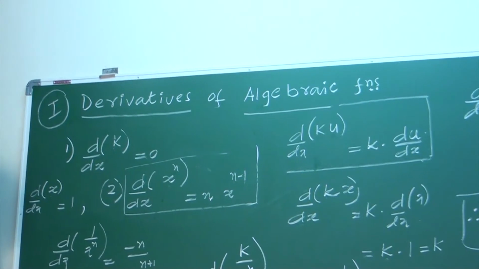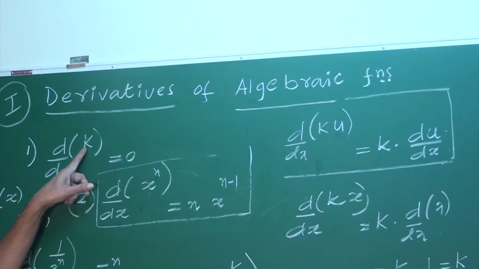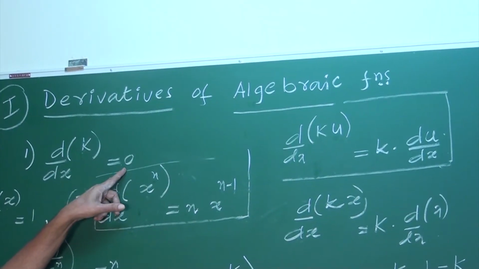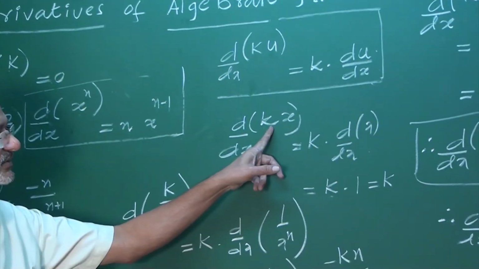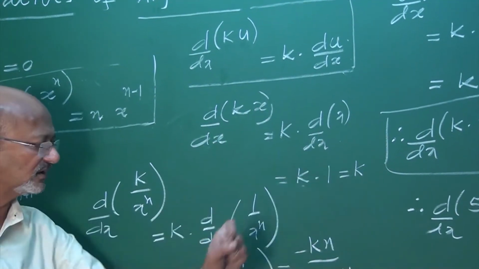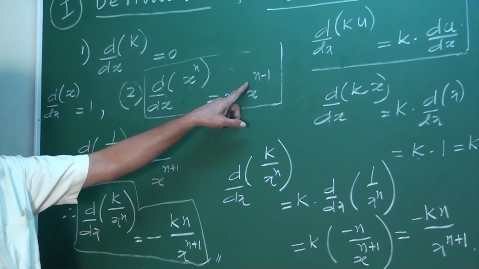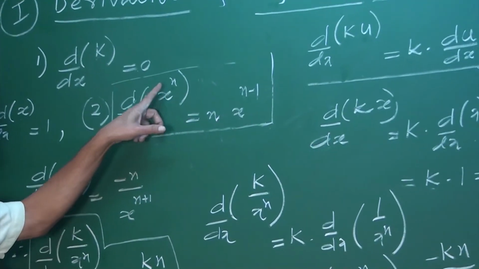Once again, remember, the derivative of a single constant is 0. The derivative of kx is k. For x to the power n, it is n into x to the power n minus 1. If it is k there, k into n.